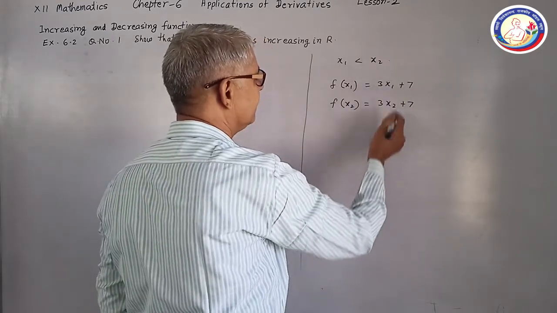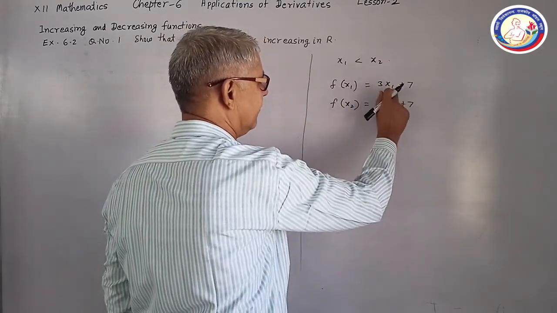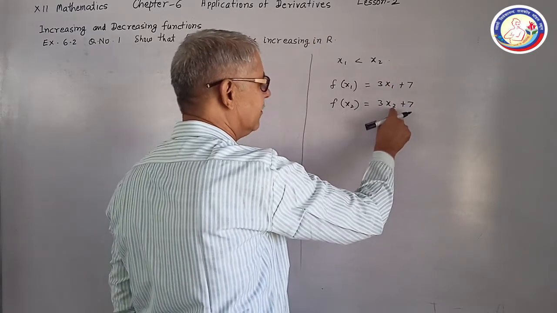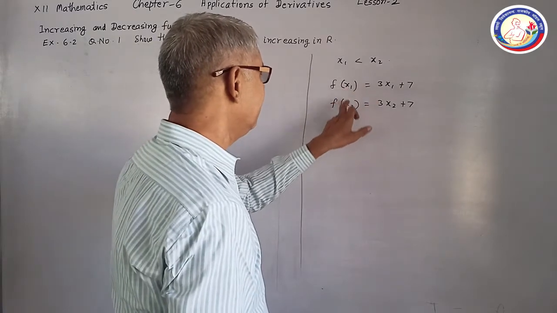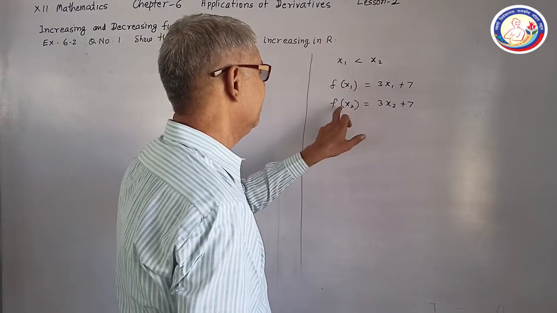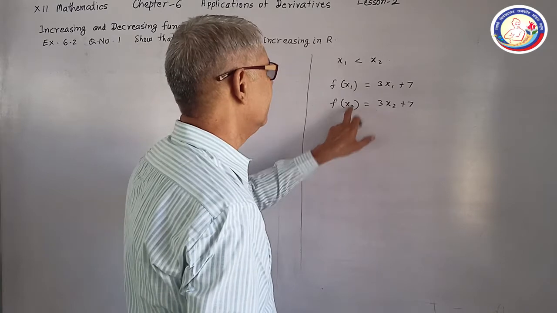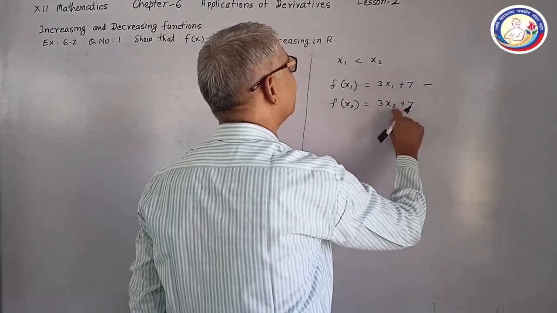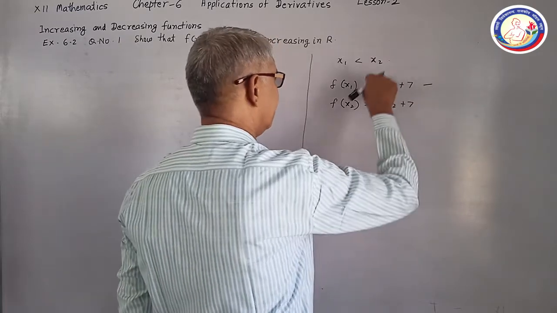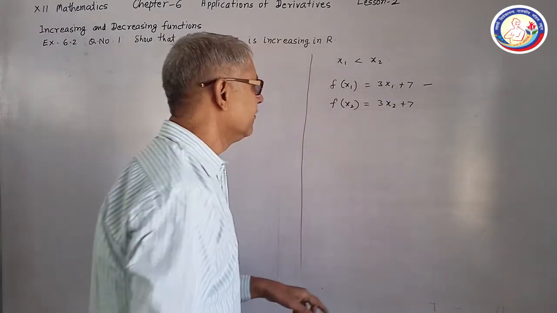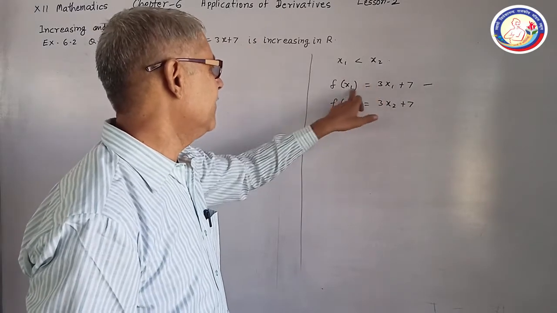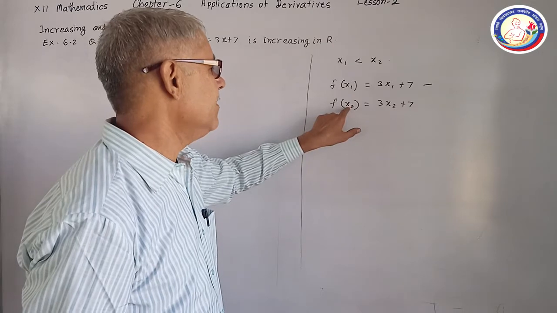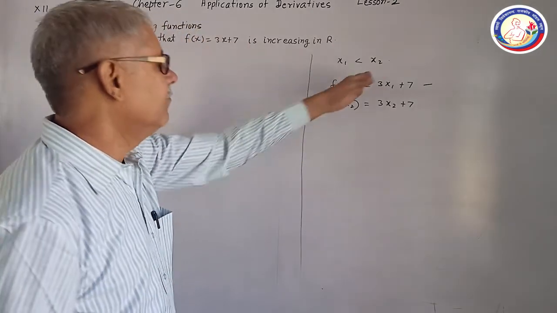Since x1 is less than x2, f(x1) will be less than f(x2). It means the function is increasing because this is smaller and this is greater. So this will be the relation between f(x1) and f(x2) for each x1 less than x2. So one way is this.